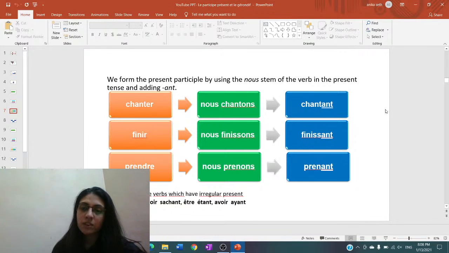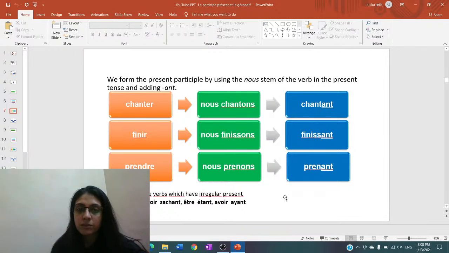Now all the verbs which we take, any verb apart from the irregular ones which I'll come to, will form the present participle in the same way. So, for example, if I take the verb faire, or the verb danser, aimer, we follow the same steps, conjugate with nous. Conjugation of faire with nous would be nous faisons.